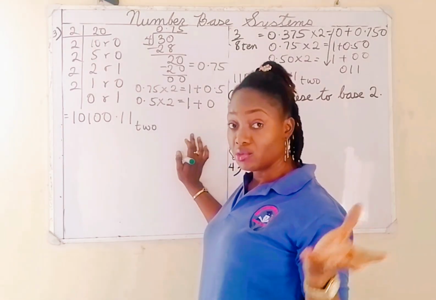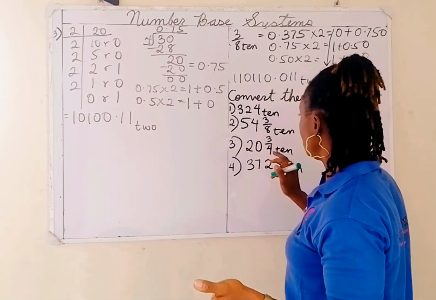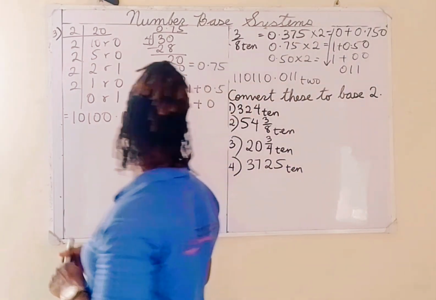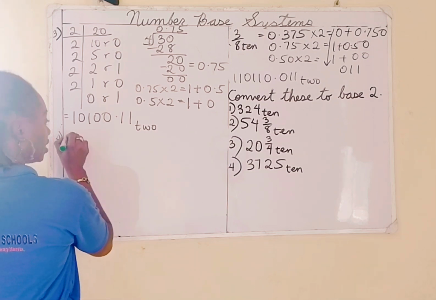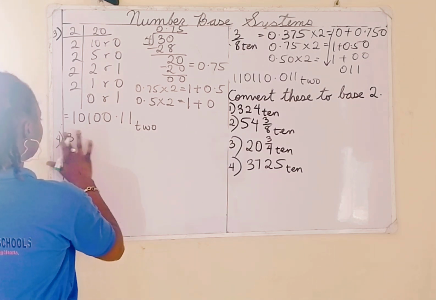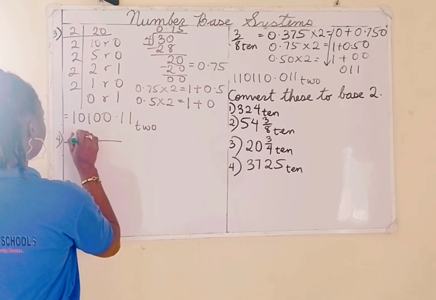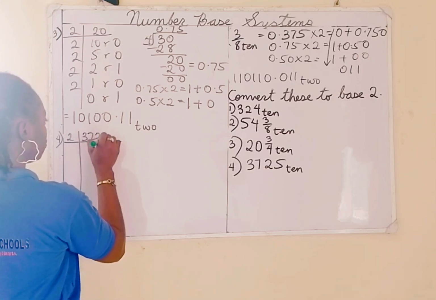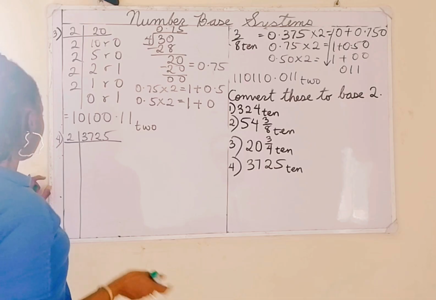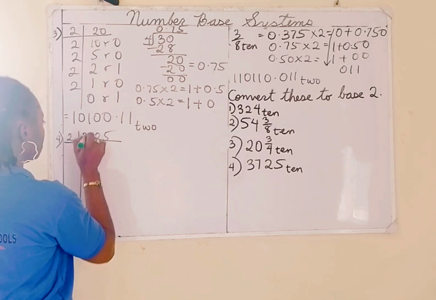Done this, we can now move to question what? 4. Question 4. We are to convert 3725 to base 2. Now let's start. 2 into 3 is 1, remainder 1.